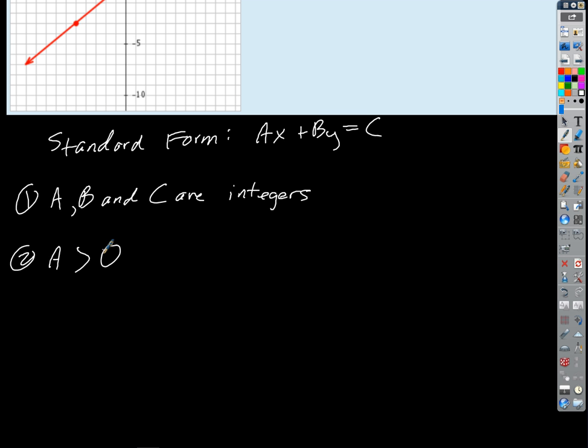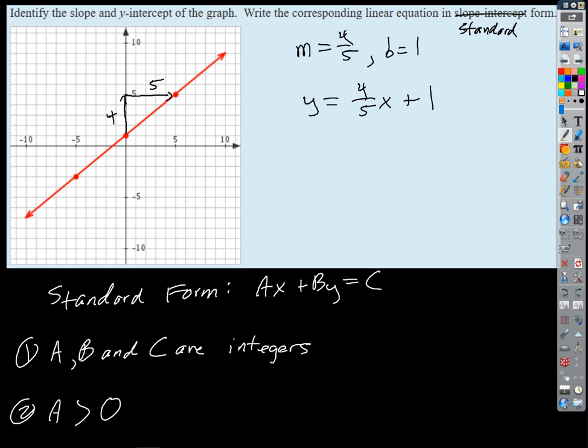Okay? All right, so then how am I going to get rid of that fraction, first of all? How do I clear fractions from an equation? Multiply by 5, right? Good. So I'm going to multiply each side by 5. 5 times y is 5y.